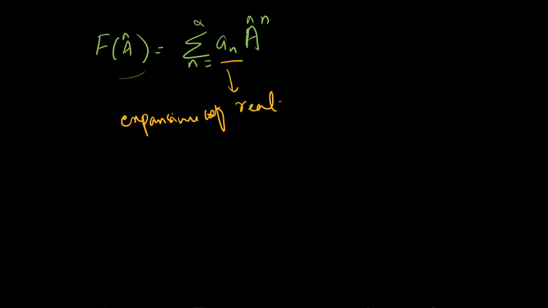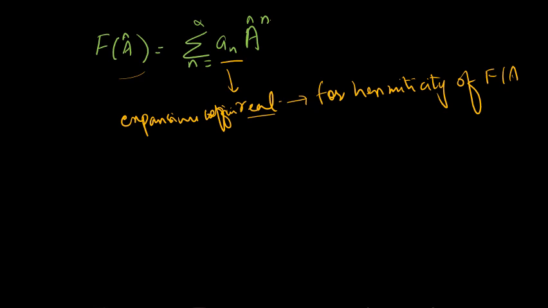Expansion coefficient should be real for hermiticity of f of A. F of A will be Hermitian when the expansion coefficient is a real one, but in general f of A is not Hermitian.